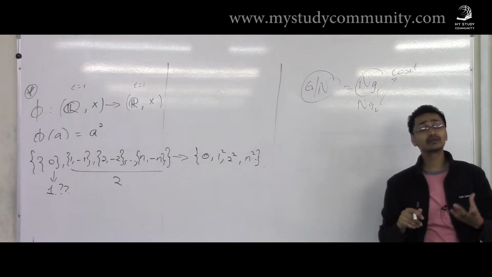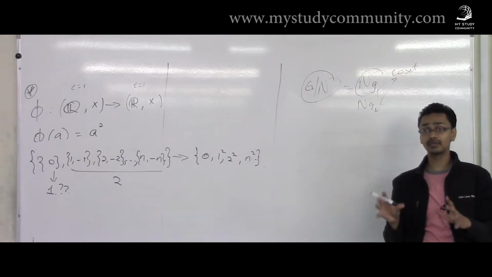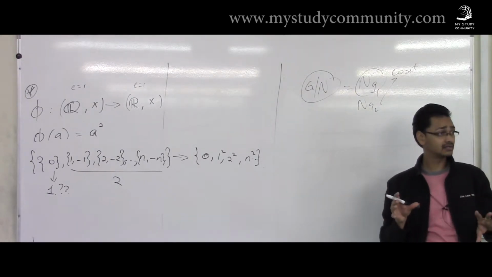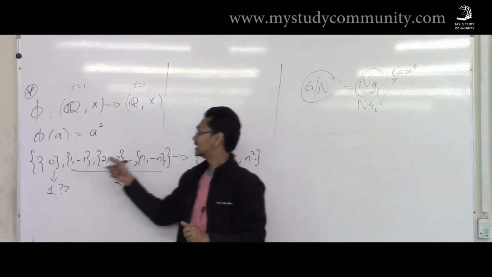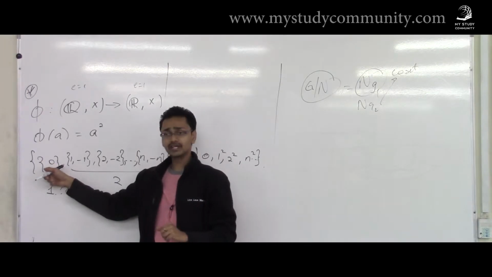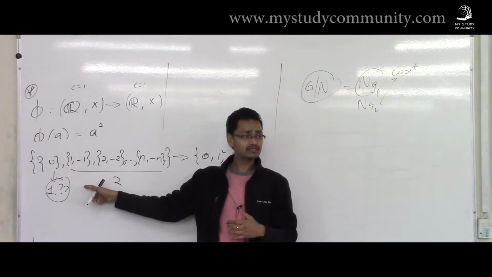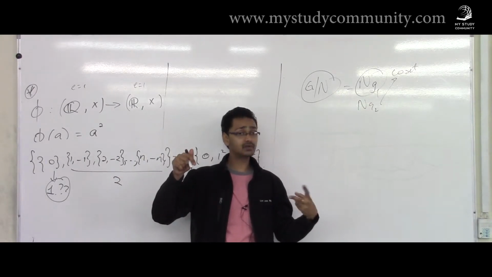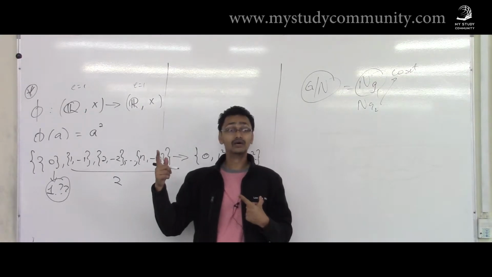There's a theorem which says that all cosets must have the same number of elements. Yes? So this is a coset, and this is a coset, and this is supposed to be a coset, right? But it doesn't make sense because this one has one element. If that has one element, and we know that all cosets must have the same number of elements, then something is wrong here. You all follow? So what could be wrong?